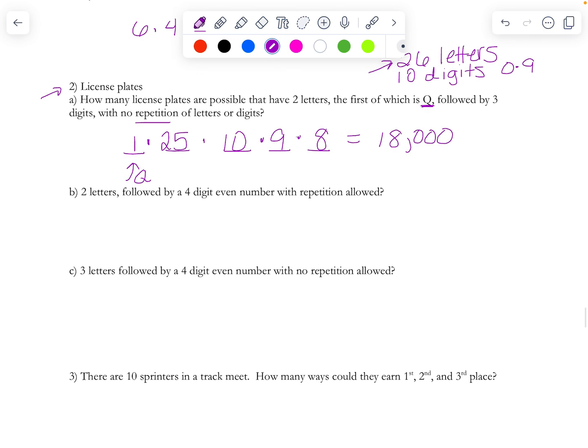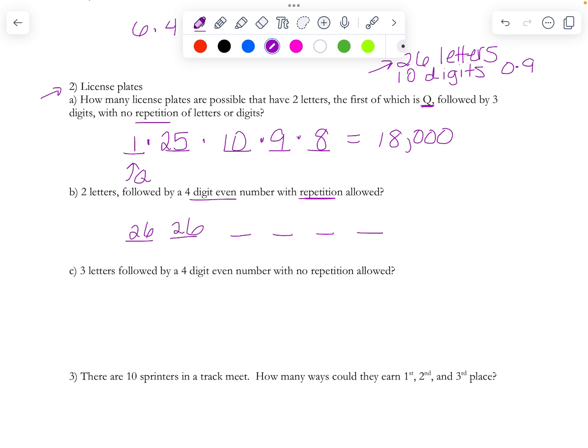Now your next one says 2 letters followed by a 4-digit even number with repetition allowed. My first 2 letters I can repeat, so I have 26 choices, 26 choices.